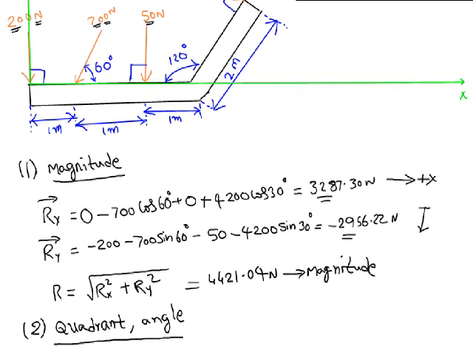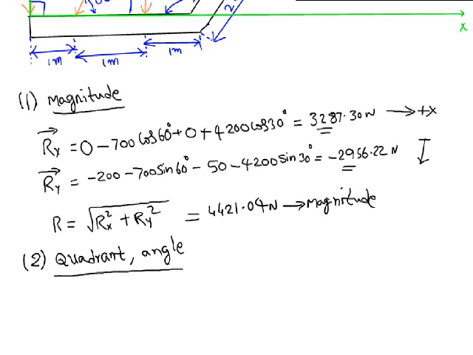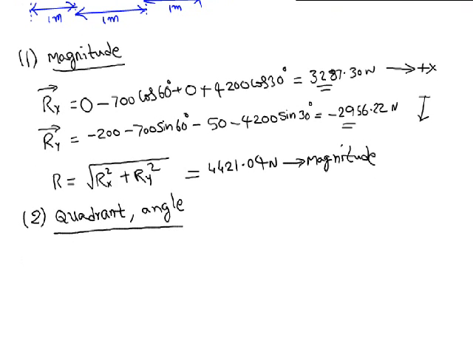If a force is in the second quadrant, its x component is negative but y component is positive. In the third quadrant, both the components are negative, and in the fourth quadrant, the x component is positive and y component is negative. We will say that since this Rx is greater than 0 and Ry is less than 0, R lies in the fourth quadrant.